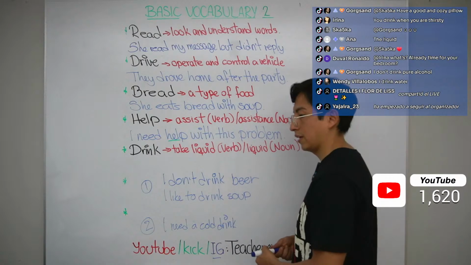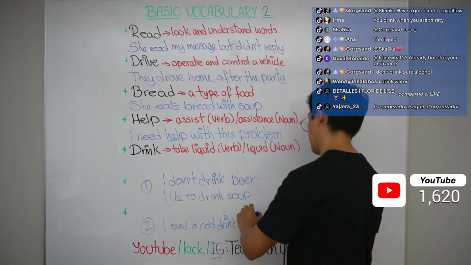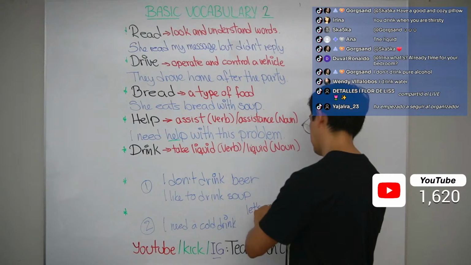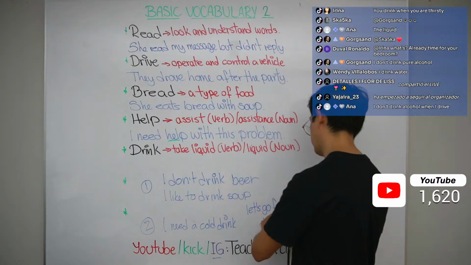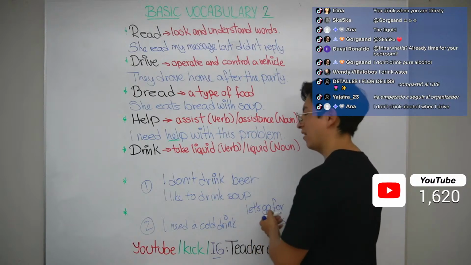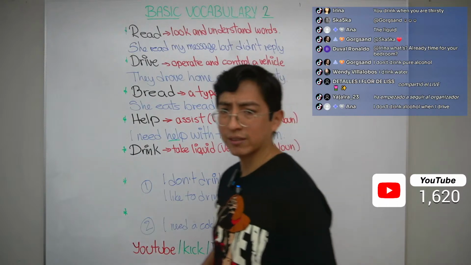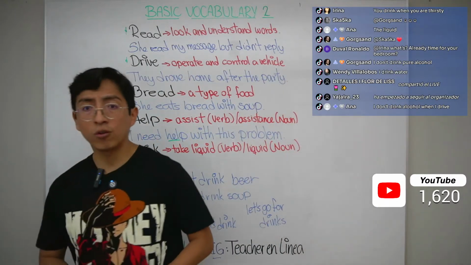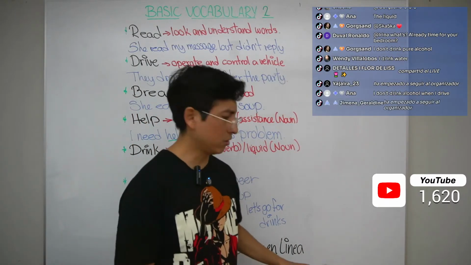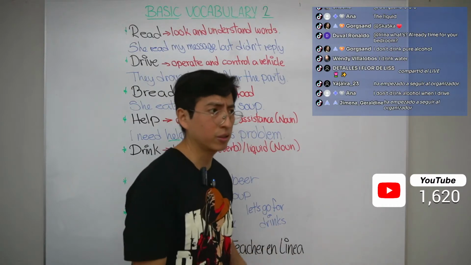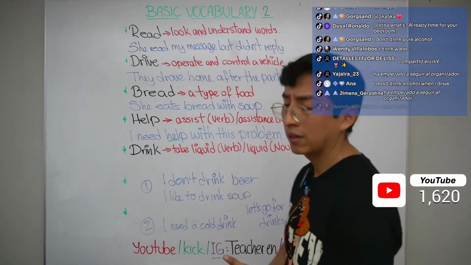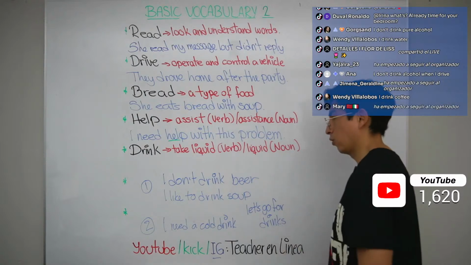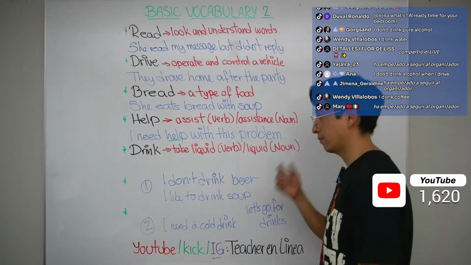Or maybe you can say like, let's go for a couple of drinks. Okay, let's go for drinks. Hey, come on, let's go for drinks. It means like let's go to drink, especially alcohol. Okay, when you say this, let's go for drinks, we're talking about alcohol or beer.